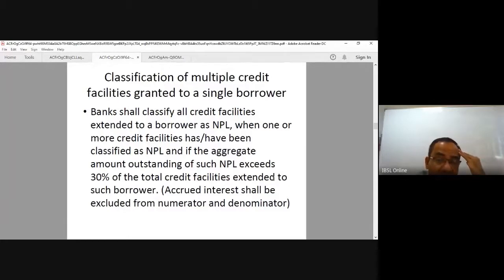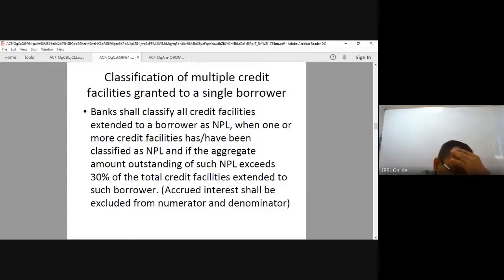But if, out of the total facilities, 30% or more of the value of the facilities becomes non-performing, then the entire set of facilities you have given to the customer, you will have to classify. That's the central bank rule.